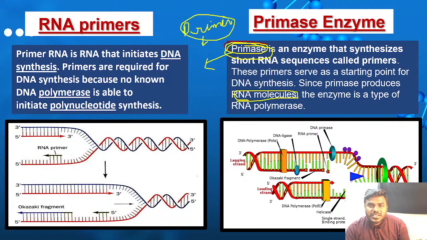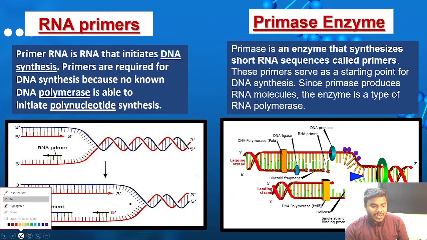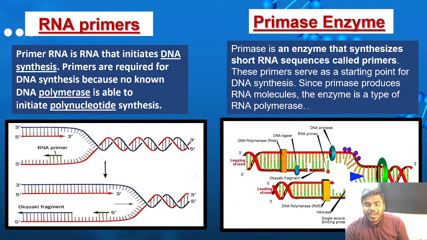That's why, my friends, we can call the primase enzyme a type of RNA polymerase enzyme. Most students will say this statement is wrong, asking how primase can act like an RNA polymerase. It's true, because this primer is basically a polynucleotide, a polyribonucleotide.